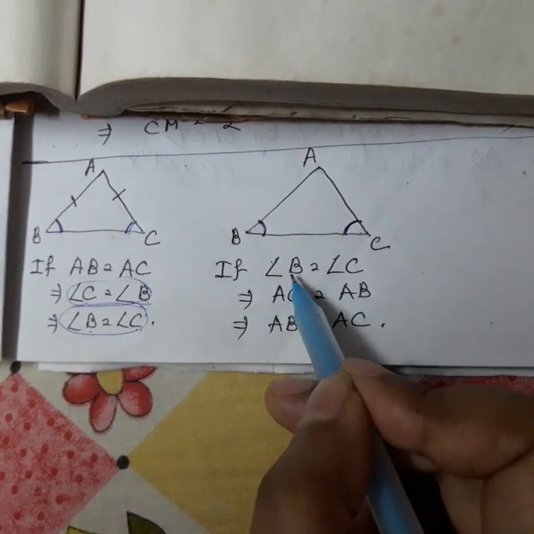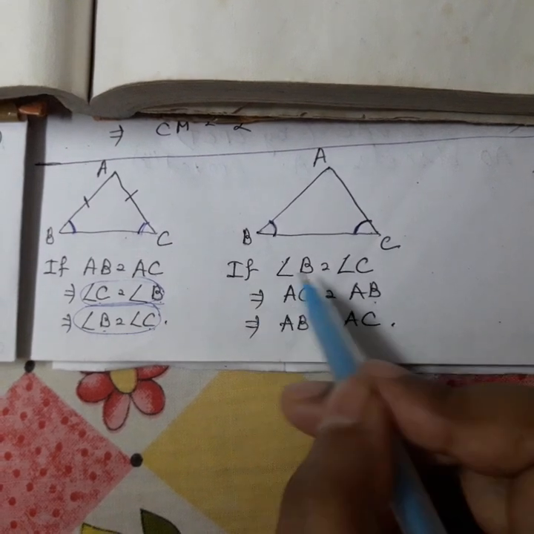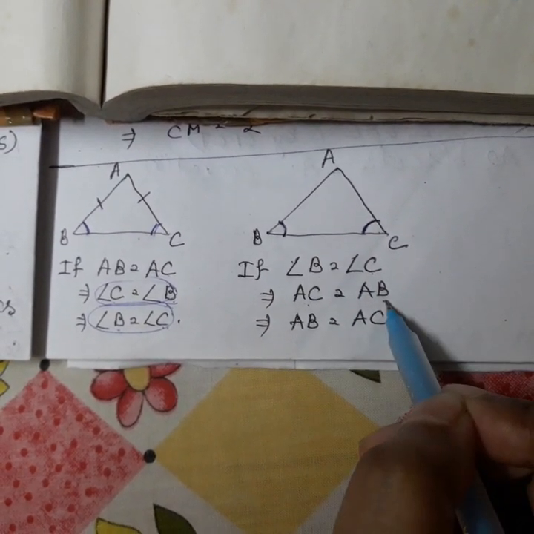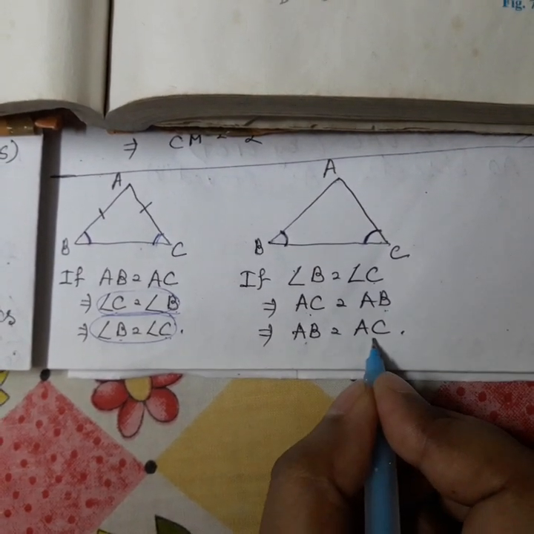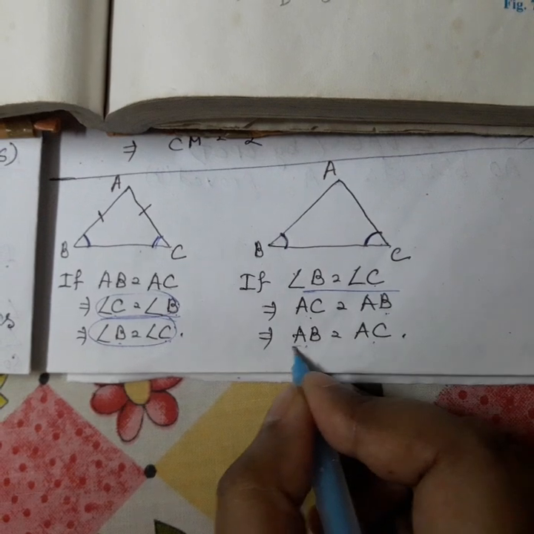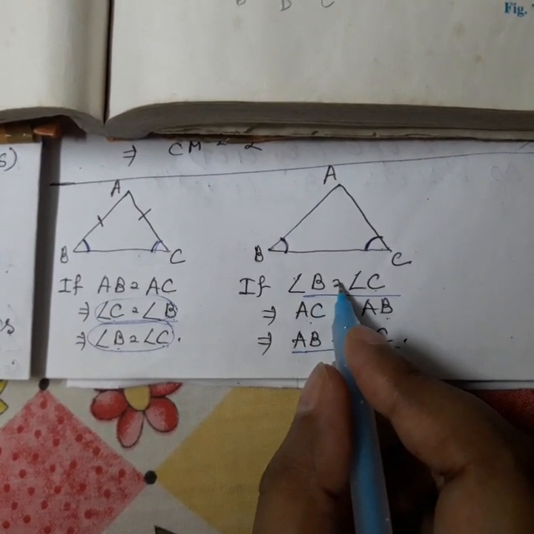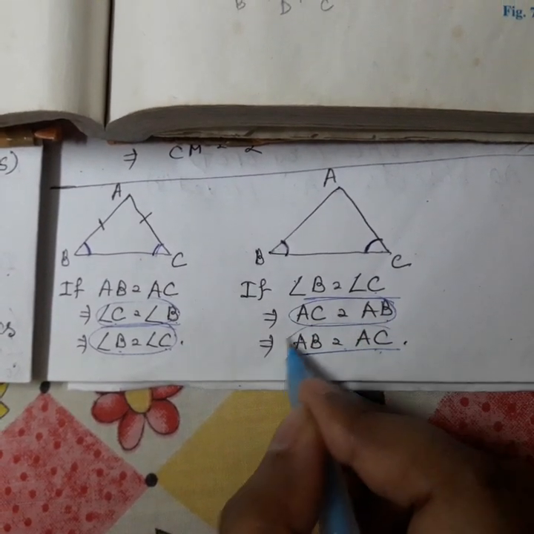That is AB. So AC is equal to AB, which we can also write as AB is equal to AC. From this line you can directly write this line, as in your book. You can write either line.